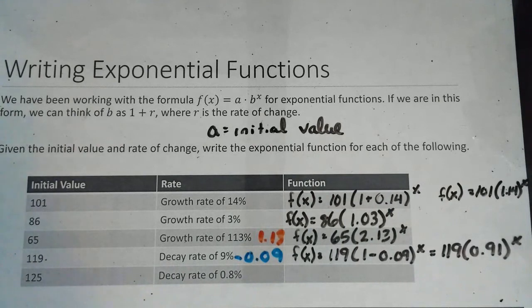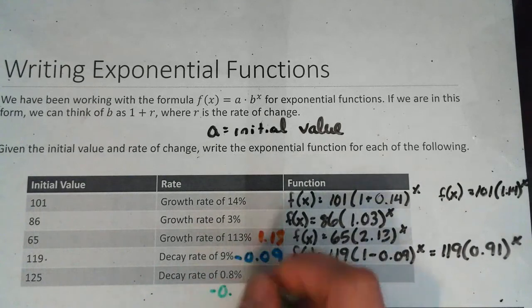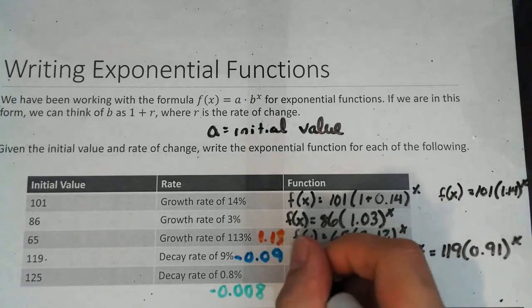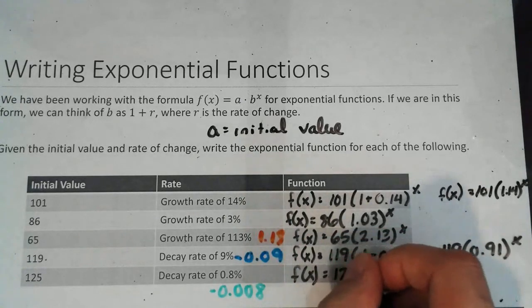We have to be especially careful on this last one, where we have a decay rate of 0.8%, because our r value in this case is going to be a negative 0.008. So be careful with your zeros. So when I write my function, that's going to turn into f of x equals, my initial value is 125.